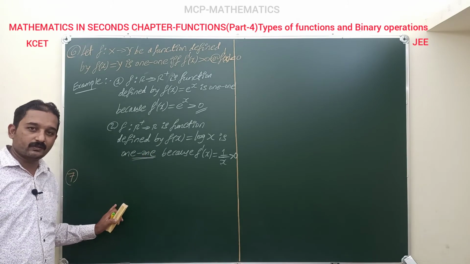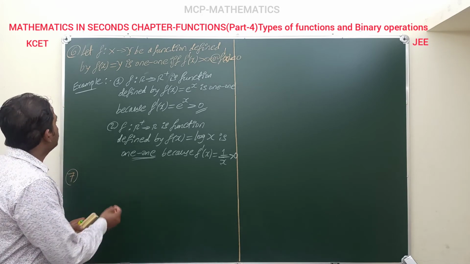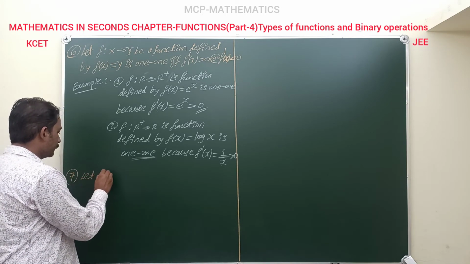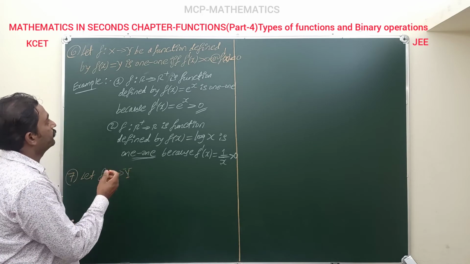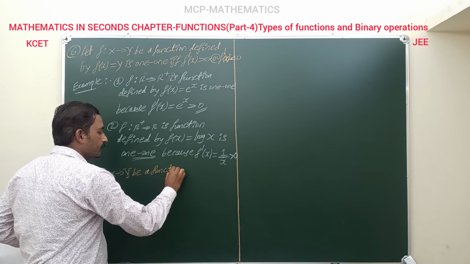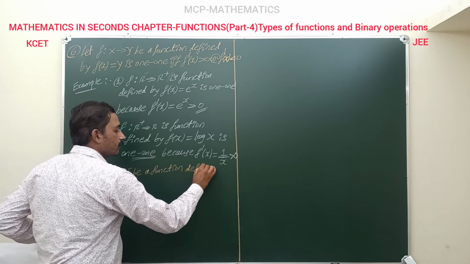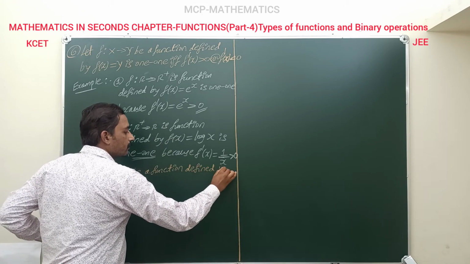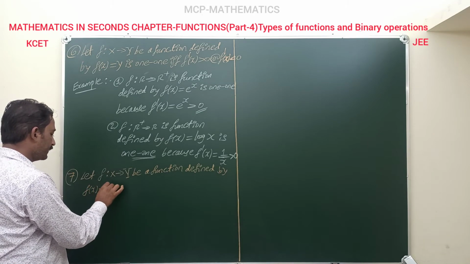Now let us move on to shortcut number 7. This belongs to onto functions. Same as before, let f from X to Y be a function defined by f of x equal to y.